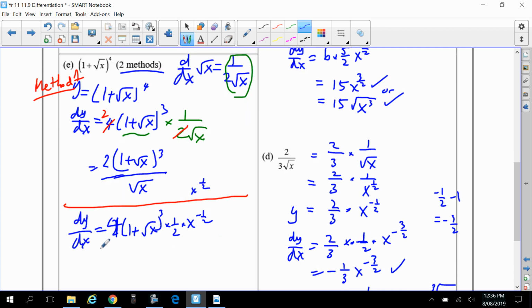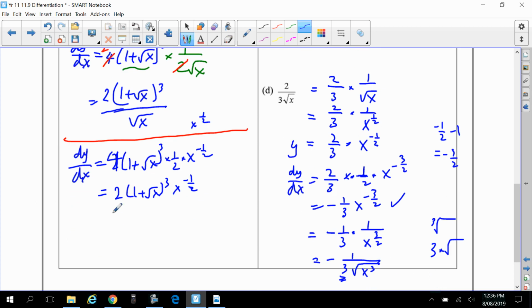It's just a bit more algebra. You just cancel, and negative half means 1 over x cubed, 1 over something. It's just more working out, that's all. And that's just square root. Yeah, like that. All good?